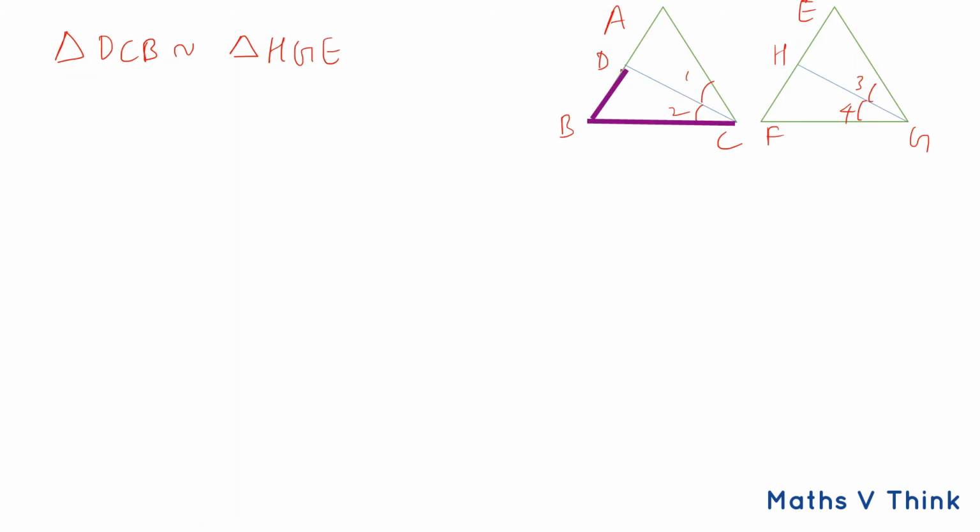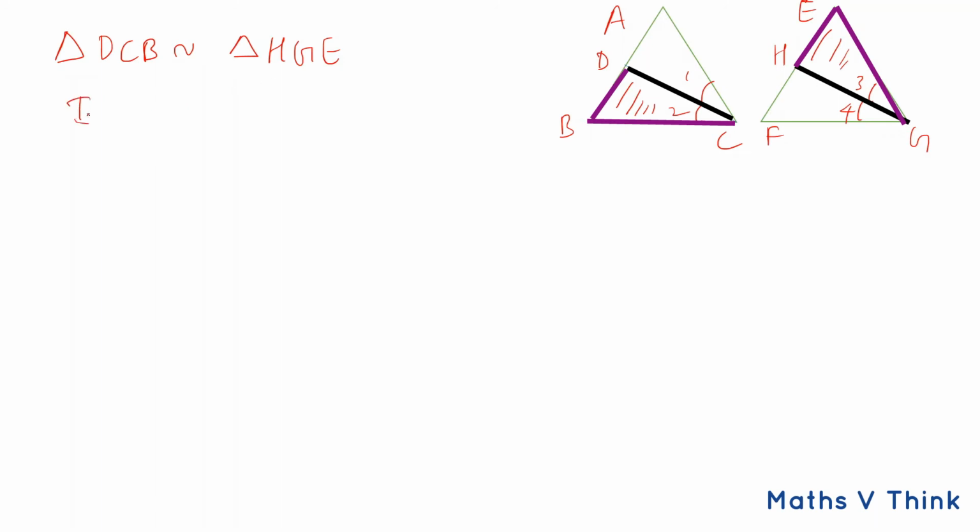Now the next proof is triangle DCB is similar to triangle HGE. DCB, nothing but this triangle, and HGE, this triangle.